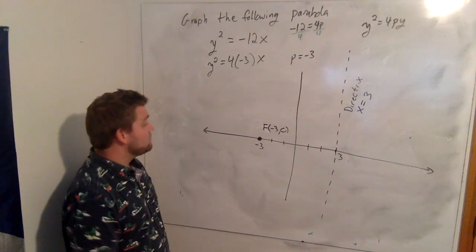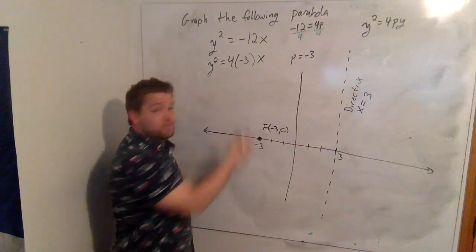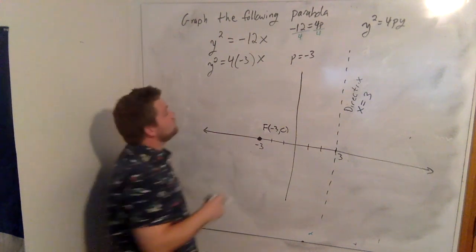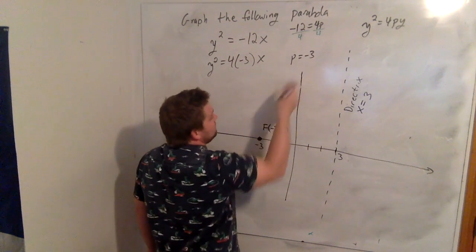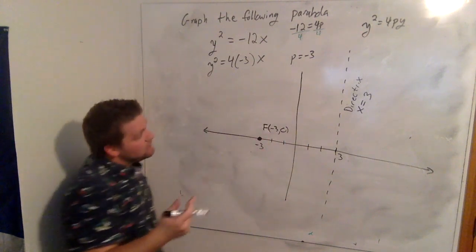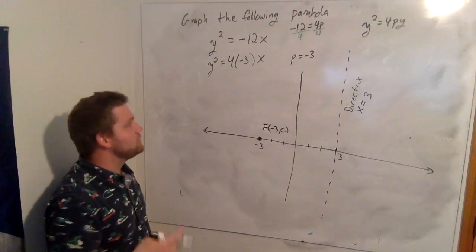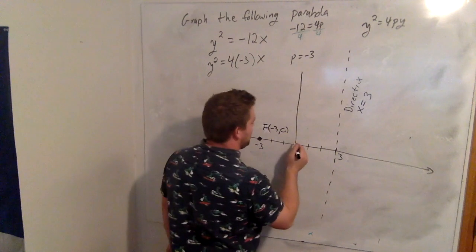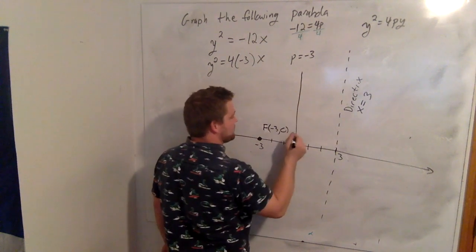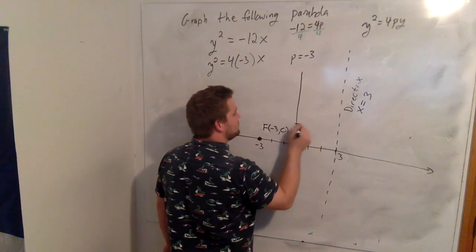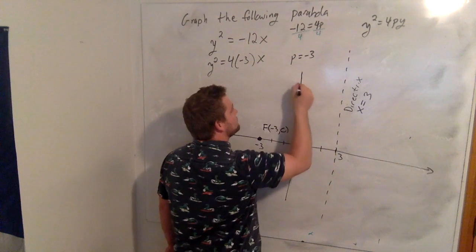Now we just need to mark the ends of the focal diameter. The p value is -3, or the absolute value of p is 3. So we're going to want to go up 2p in this direction, so we'll go up 6. 1, 2, 3, 4, 5, 6.